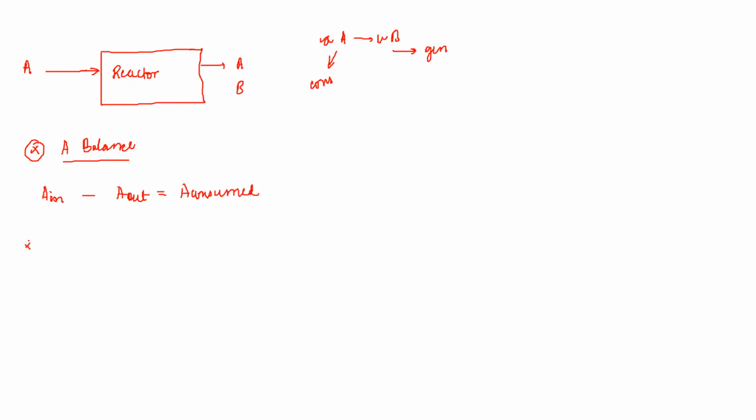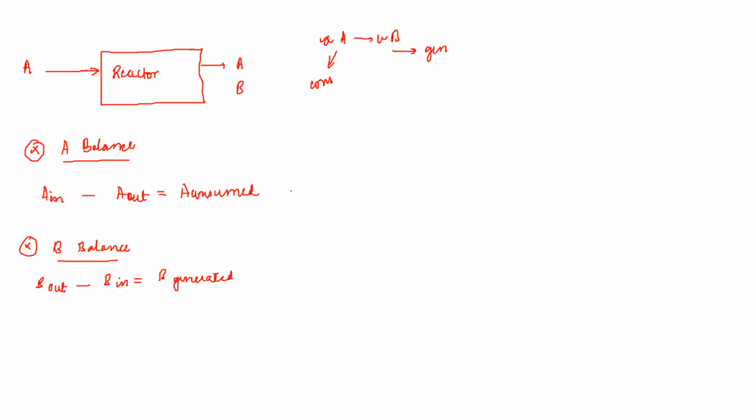Then the next equation that we make is for B balance. Now B is generated, right? So we say that B out minus B in is equal to B generated.